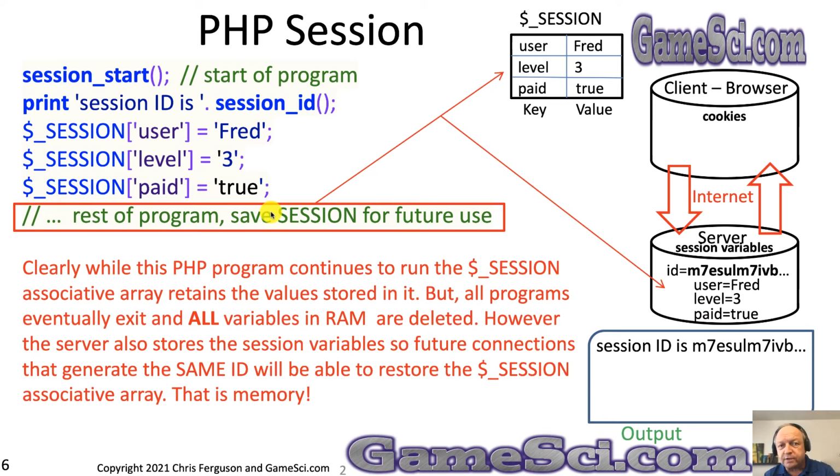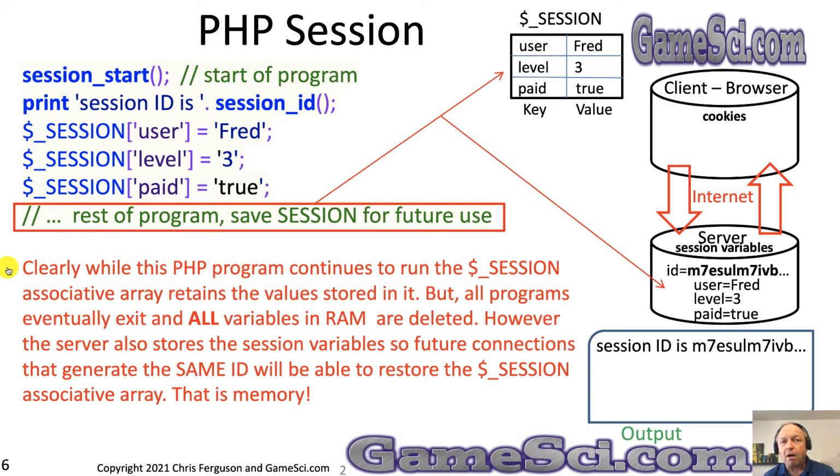And of course, the rest of the program would appear here, but also notice that all the data we stored in $_SESSION is also stored on the server for future use. Clearly, while this PHP program continues to run, the $_SESSION associative array retains the values stored in it.